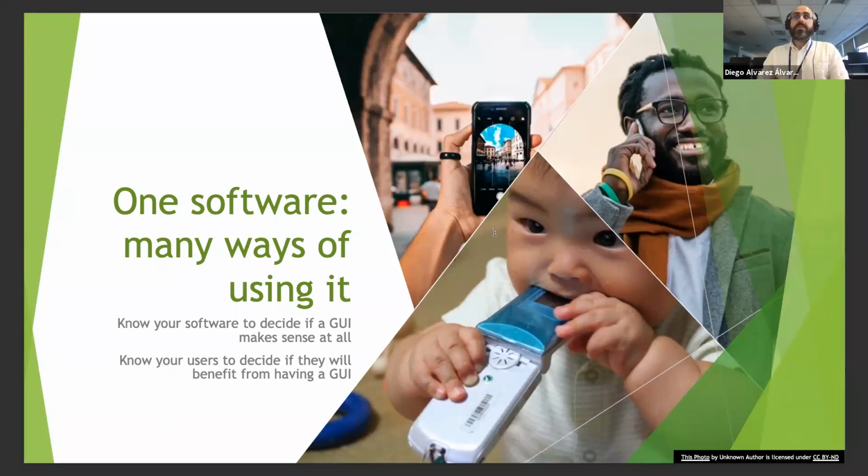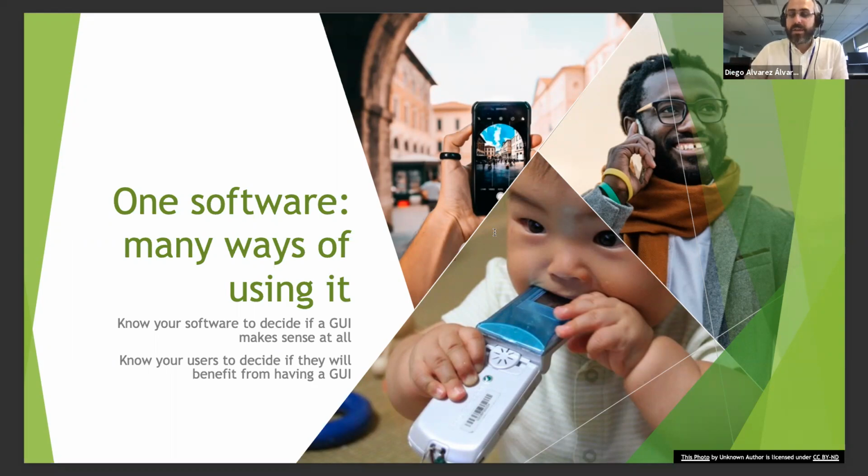Then you have people who use it mostly for taking pictures or sharing them on social networks. You have someone who actually uses the phone for calling other people, which is probably the least common use nowadays. But it is there. So the device is the same, but it is used in very different ways.